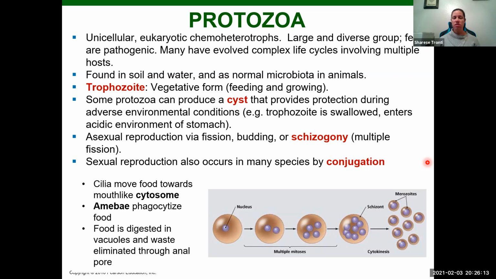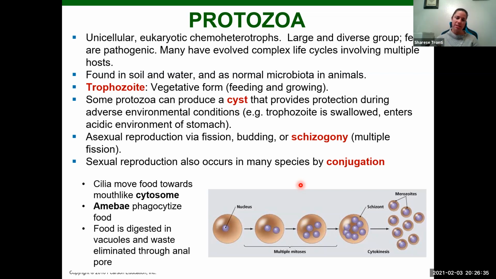Schizogony is a specialized form of reproduction that the protozoa undergo. And what happens in schizogony, here's a picture down here. Normally when something reproduces, we have one cell with one nucleus, and that produces 2 cells each with one new nucleus, okay?